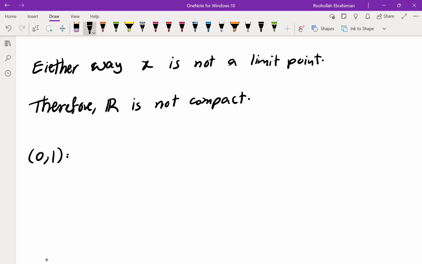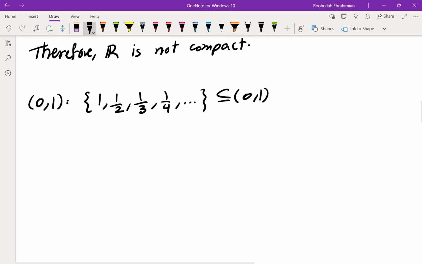You can't go to infinity. But you can choose a set, 1, 1/2, 1/3, 1/4, etc. This set is inside (0, 1), and its only limit point is 0.